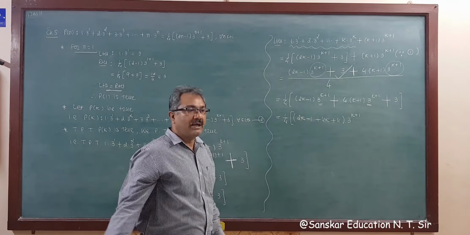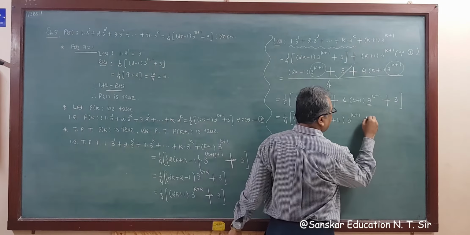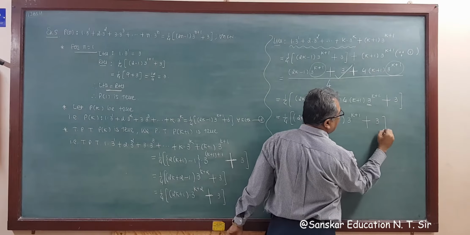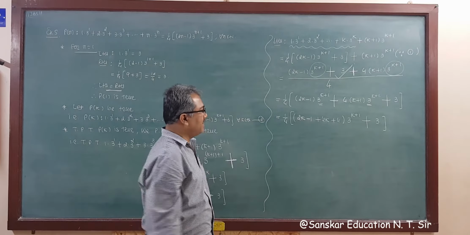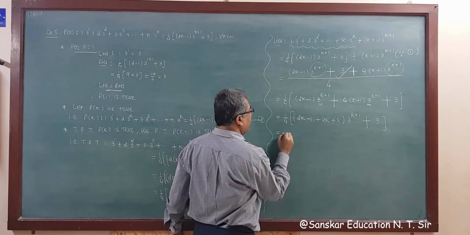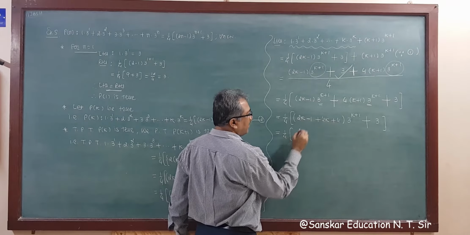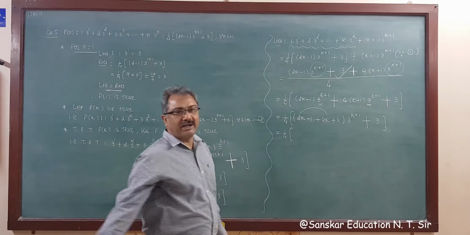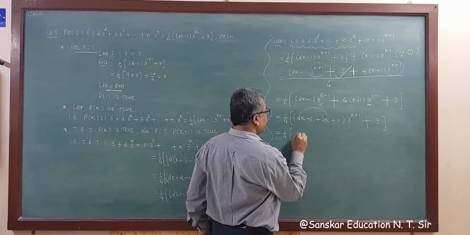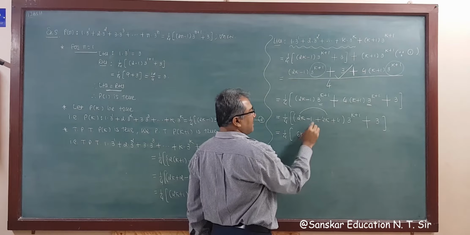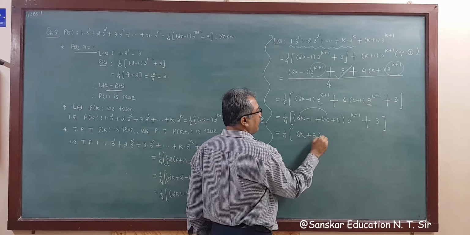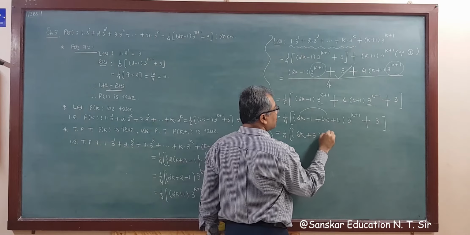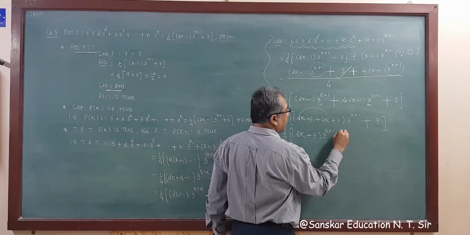And then plus 3. Right? So this is 1 upon 4, 2k plus 4k is 6k. So this is 6k. 4 minus 1 is plus 3 into 3 raised to k plus 1 plus 3.